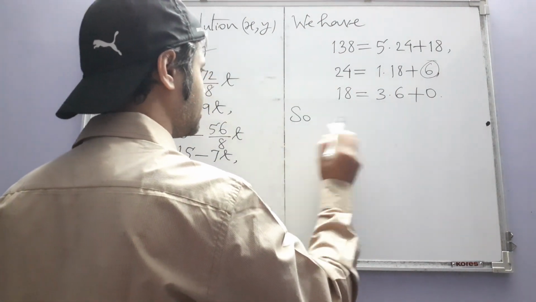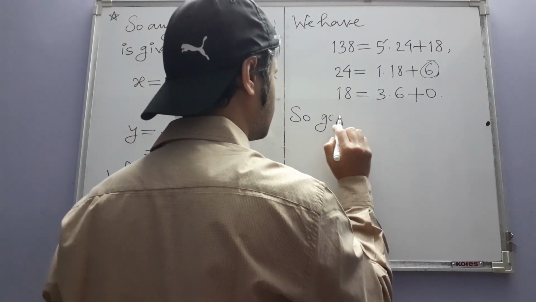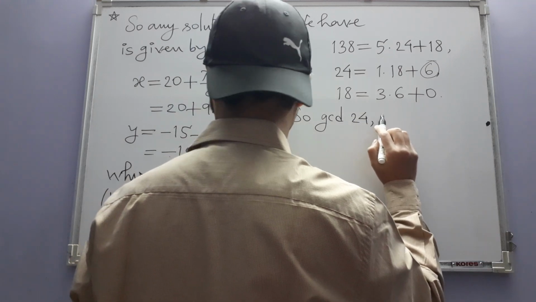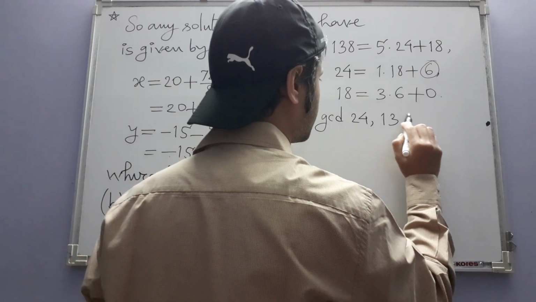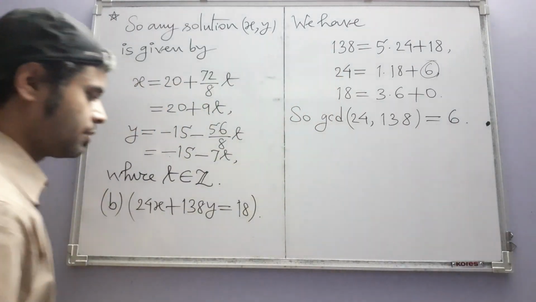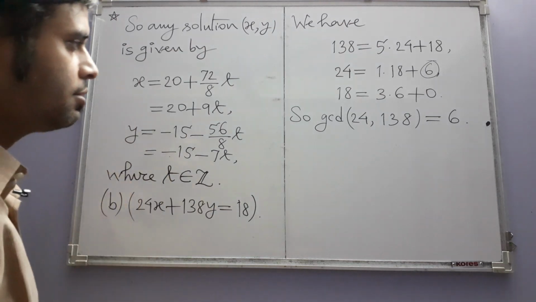So by the Euclidean algorithm, I am not again writing, GCD of 24 and 138 is 6, and 6 divides 18, so this equation, like before, has a solution.